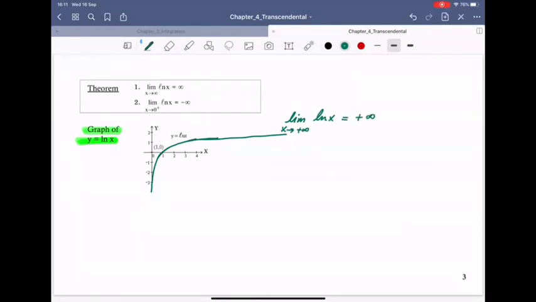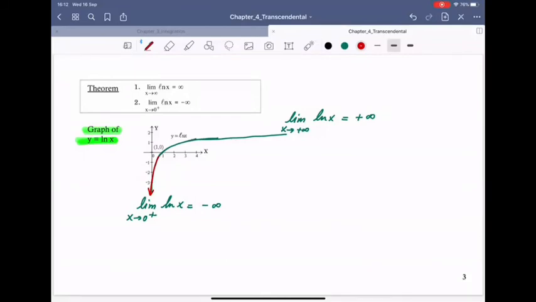And also when you look at the limit of log x as x goes to 0 from the right, this is going to be negative infinity, because when you approach 0, your graph of log x goes down, and it will not touch the y-axis, it just goes down like that.